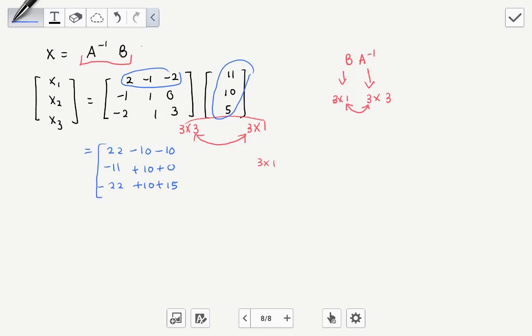Once you find the solution, you will be getting 2, -1 and 3. Remember, we are looking for x1 which is 2, x2 which is -1 and x3 which is 3. So this is how we solve a system of linear equations using matrices.